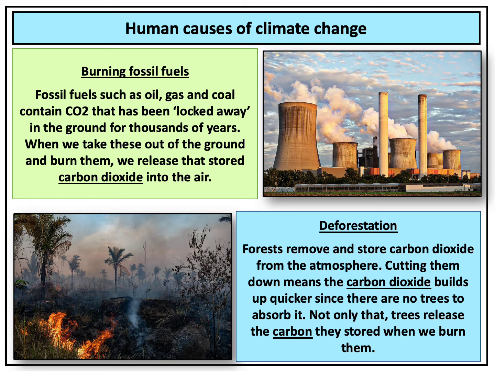But this is also a little bit of a double-edged sword because when we cut down the trees or burn them, that carbon is then released back into the atmosphere. So not only have we hampered the trees from removing that carbon dioxide and turning that into oxygen, we've also increased the amount of carbon dioxide in the atmosphere by burning the trees.